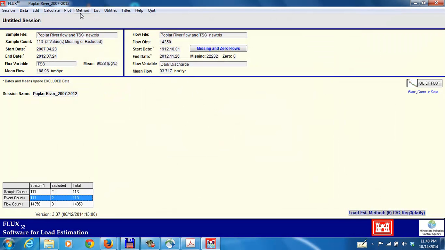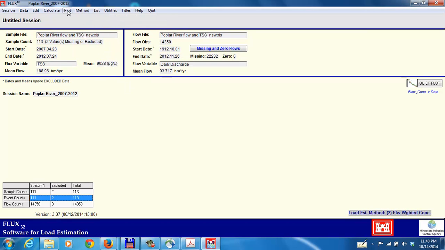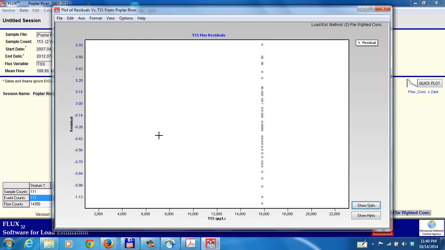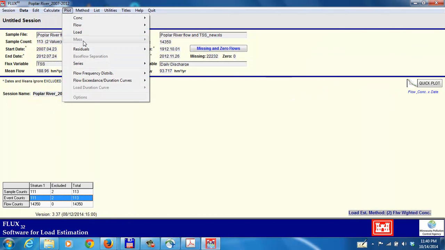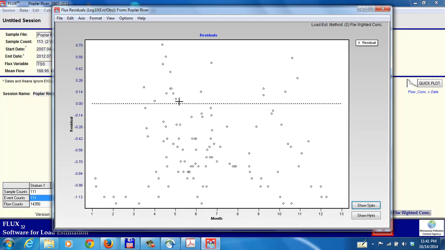Let's go back and we'll try method 2. And we'll plot the residuals for that one versus concentration. We'll do it versus month, for instance, and we can see that there is some bias in this case for method 2.